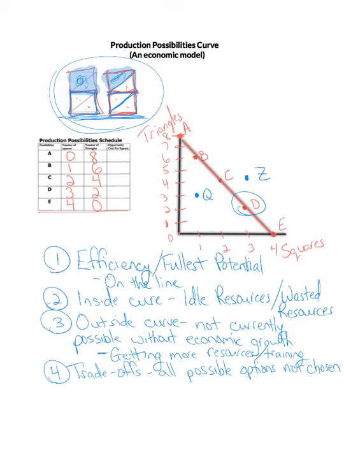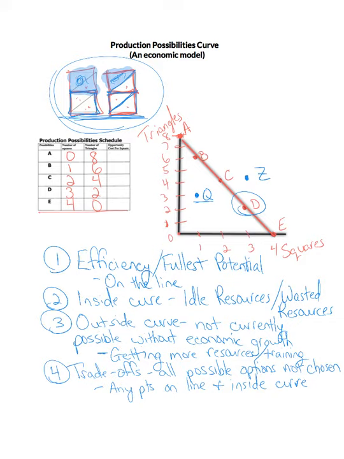So what are the other points that are possible? Well, it's anything on the line and anything inside the line or curve. For example Q, because Q is possible. It's not the best place to be, but it is possible. So we're saying that that is also a trade-off.